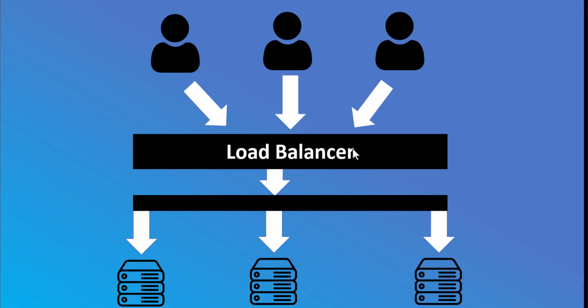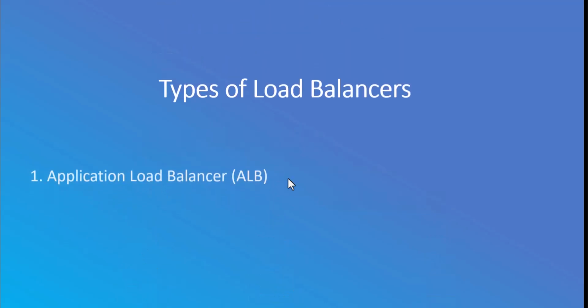So we have different types of load balancers. Let's look at them. The first one is the application load balancer. The application load balancer is what intercepts your request. For example, if you type www.google.com, the first resource it needs is the application load balancer.